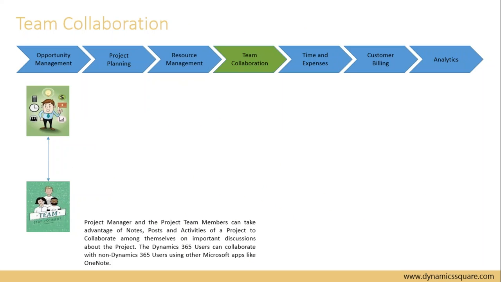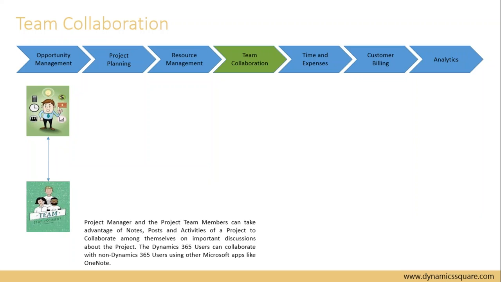Team collaboration. Once the whole project team, which includes the project manager and the project team members, has been defined, they can collaborate amongst themselves using the different collaboration tools within the project, so as to ensure the project team members are fully aware of the status of the tasks and of any important decisions that need discussion and quick turnaround.